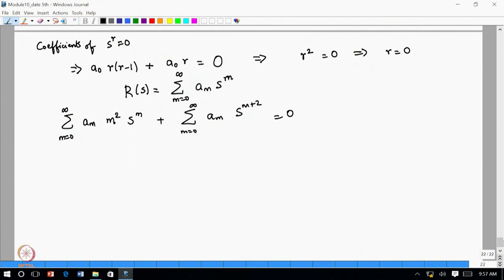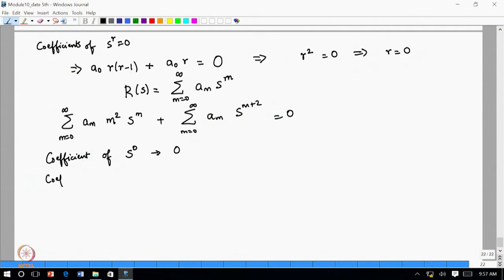Now what we see is that you have s raised to m and s raised to m plus 2. So you look at the coefficients. We have already seen the coefficient of s raised to 0, so this clearly goes to 0.